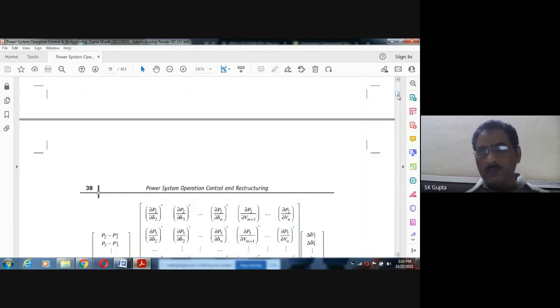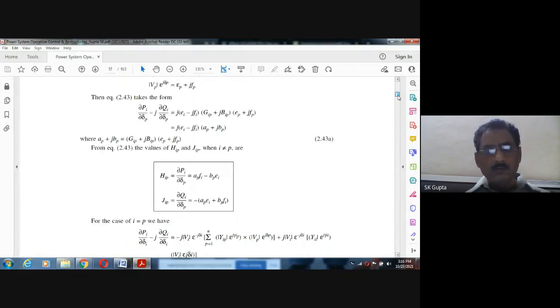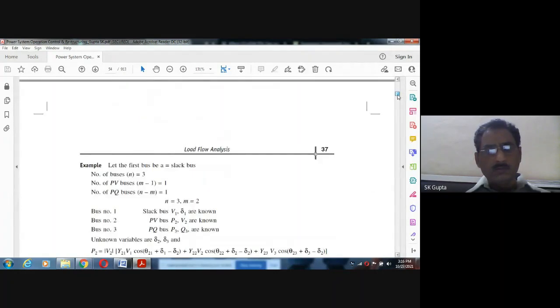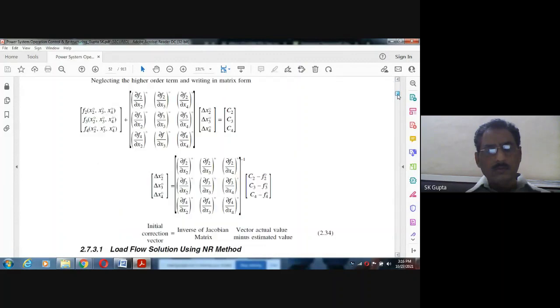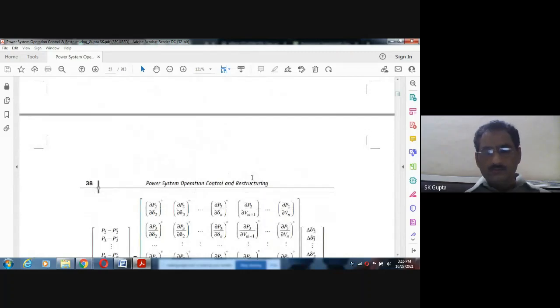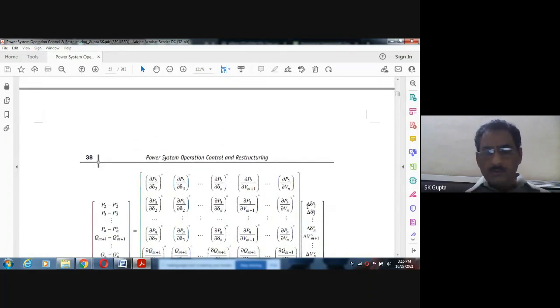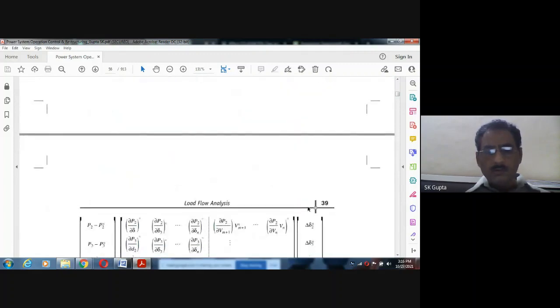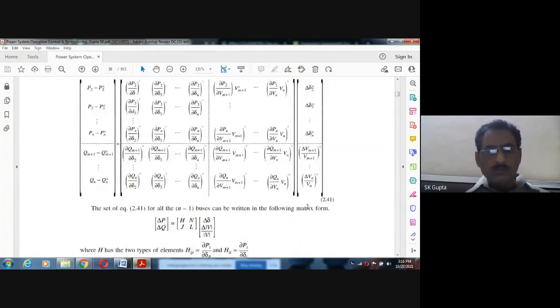Here you see, we could write in this form: all these values P2, P3, P4, Pn are known. These are the estimated values. Qm plus 1 to Qn are known.